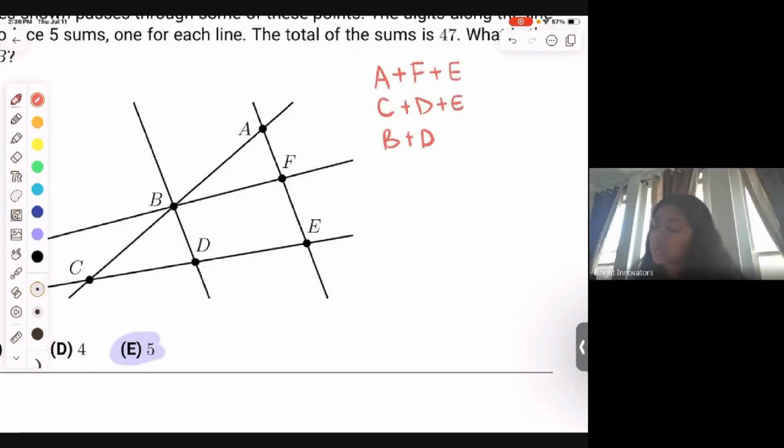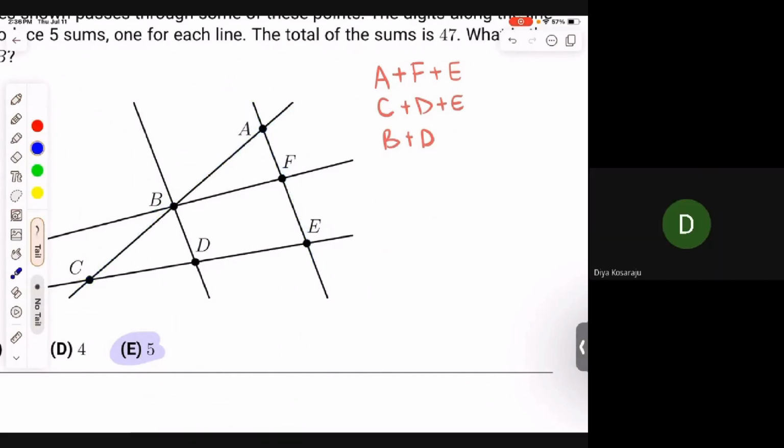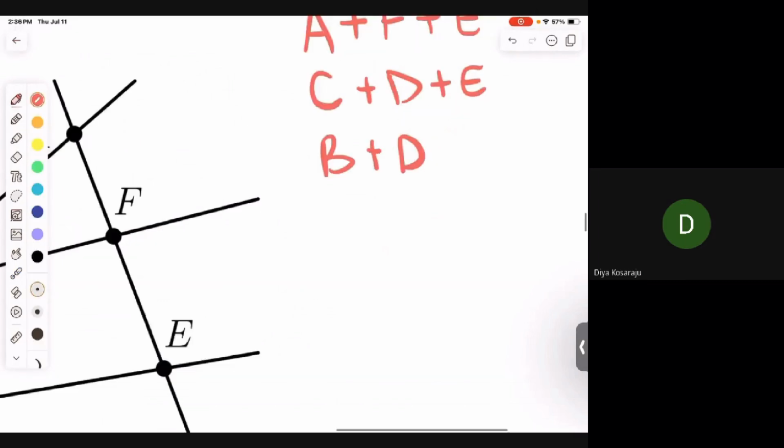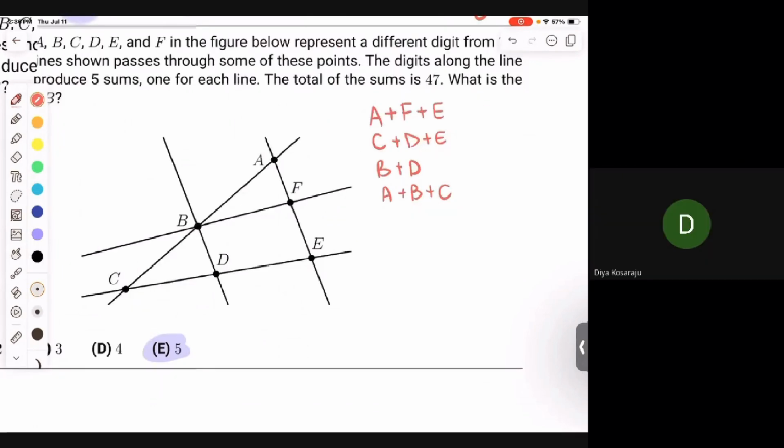No, I don't think so, because there's this line and this line. Oh yeah, then there's A, B, C, and then B plus F. Yeah. Okay, yeah.